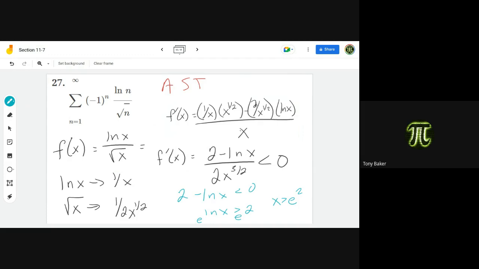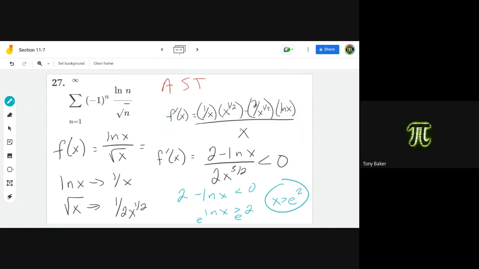Once it's greater than e to the second power, it's decreasing. Now, remember the thing I said, as long as it's going to eventually decrease and never start increasing again, we're fine to use the test. So even though that's not at 1 or even at e, this is a little higher than e, it's closing in on 9. So even though it's that high, you're still fine.